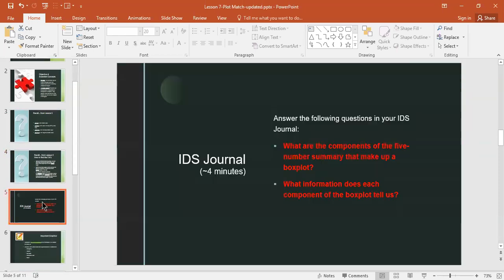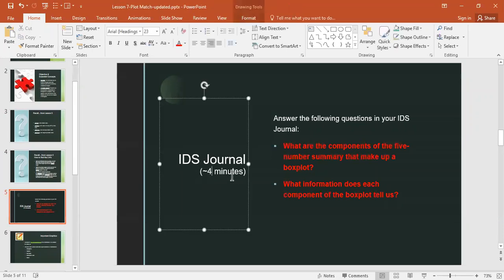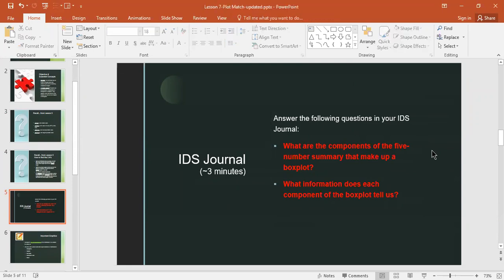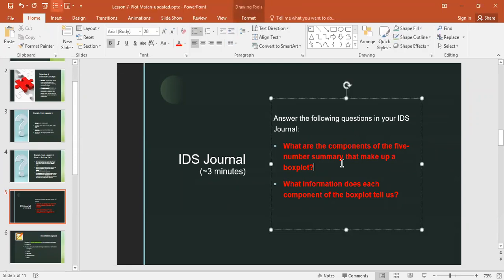So I know I didn't list those exact 5 numbers that we needed. That's because your first IDS entry right now is actually going to be you answering the following questions in your IDS journal. What are the components of the 5 number summary that make up a box plot?